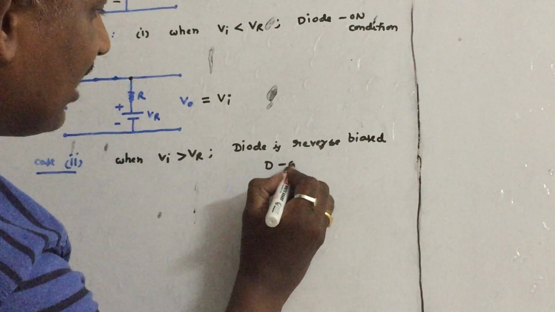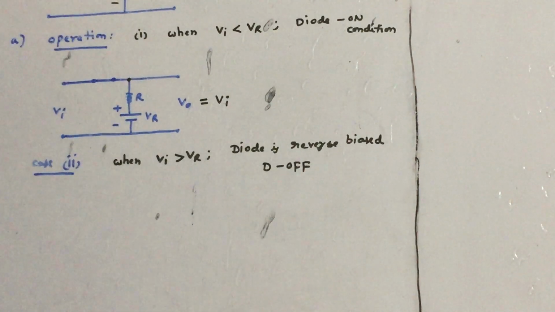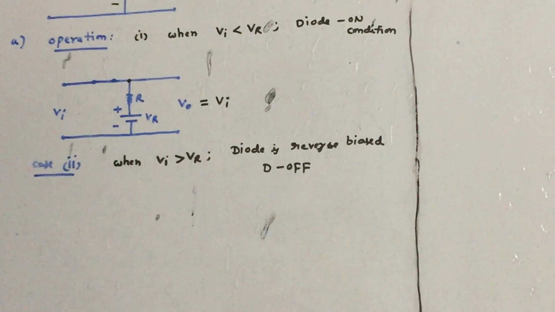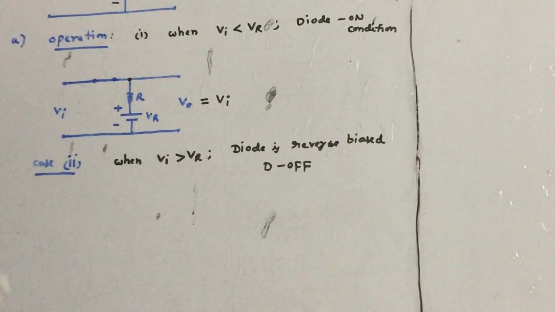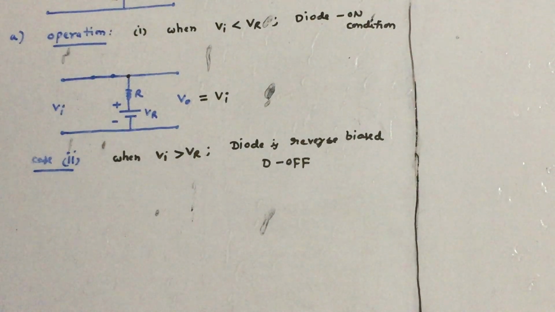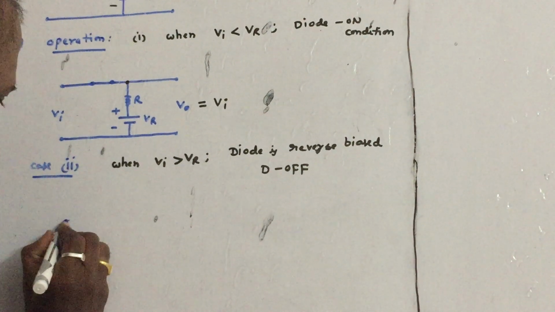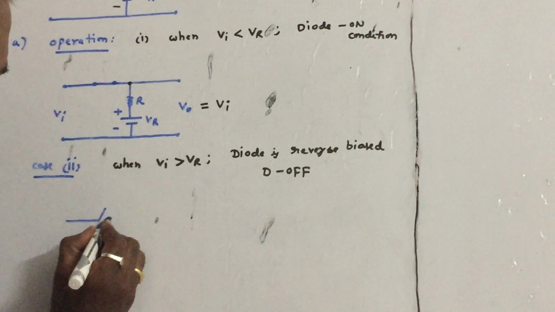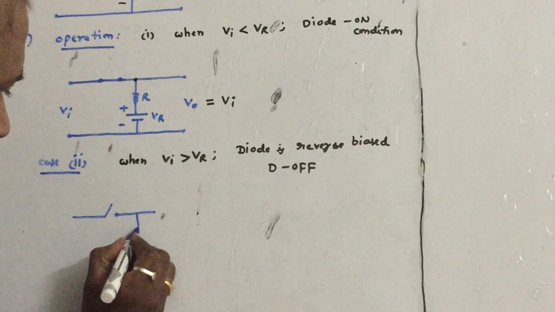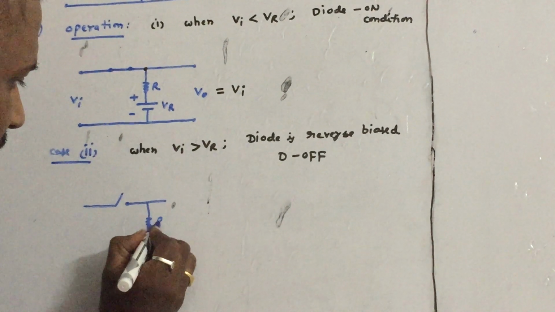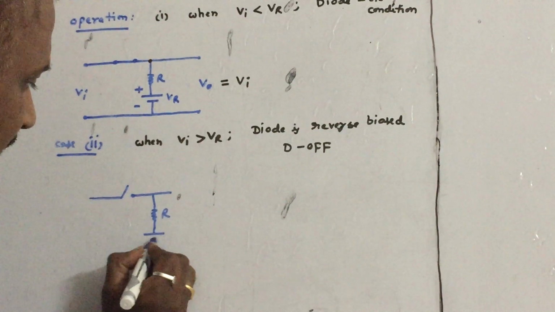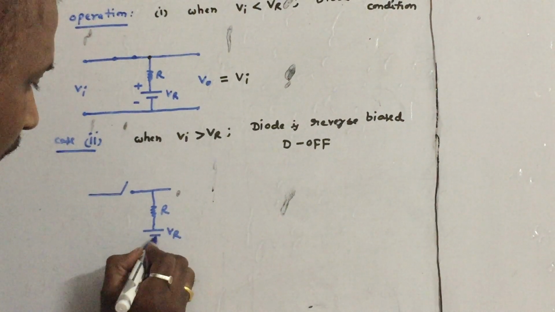The diode is reverse biased means it is in the off condition. So let us draw the circuit under this condition. The diode acts as open. This is the resistor and this is the reference voltage in the circuit.